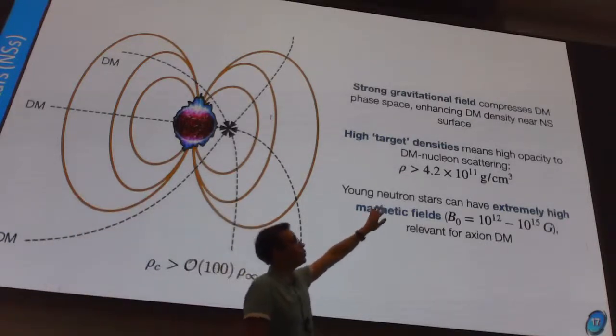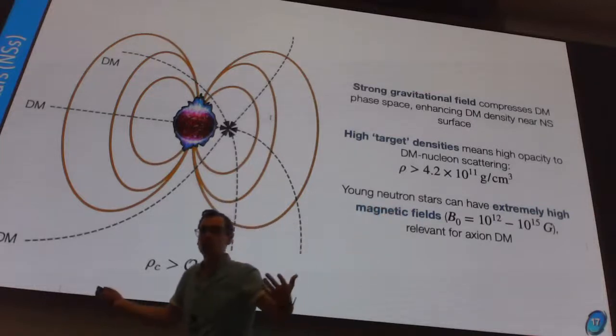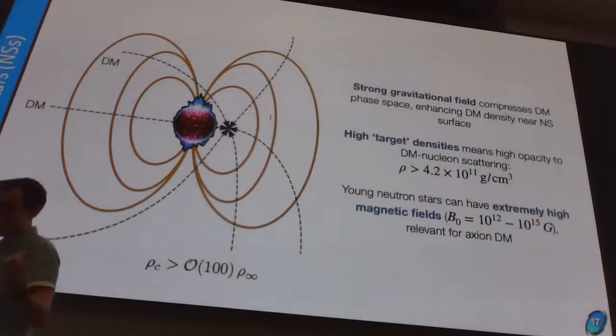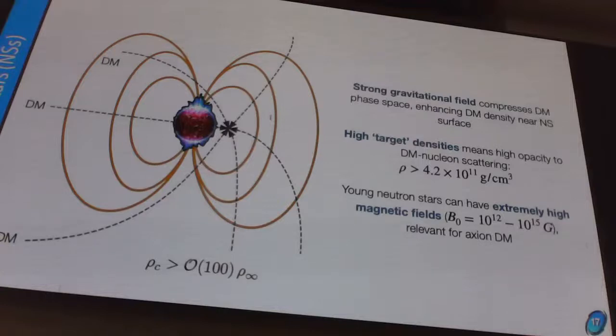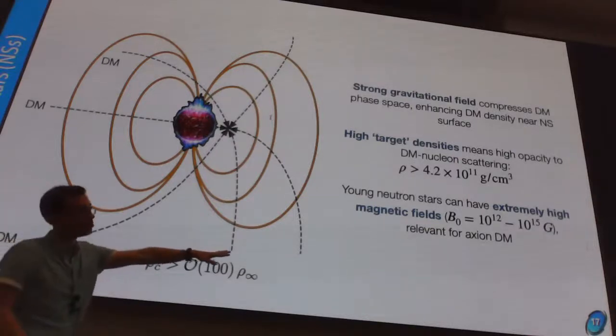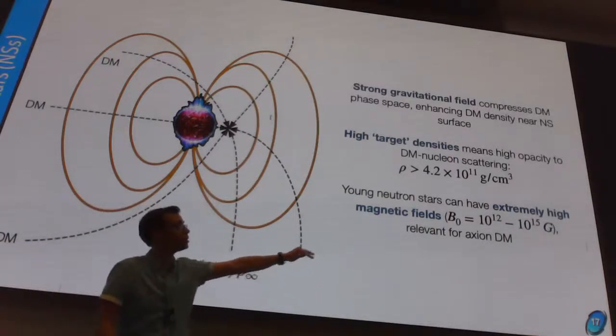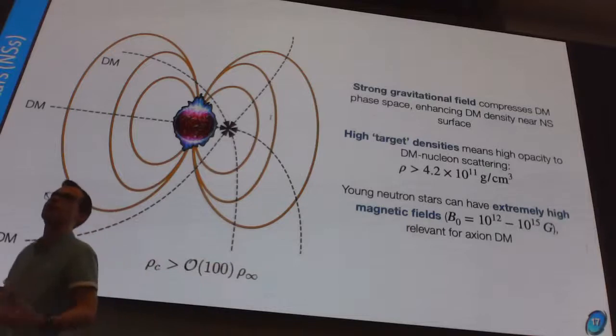They have huge target densities. This is like one giant nucleus. With a neutron star, a dark matter particle passing through it will almost certainly scatter and almost certainly be captured, as long as it has the kind of cross-section that we're searching for in current direct detection experiments. So there's quite a lot of complementarity there. And what will be most important in a second is that neutron stars, especially young neutron stars, can have very strong magnetic fields.